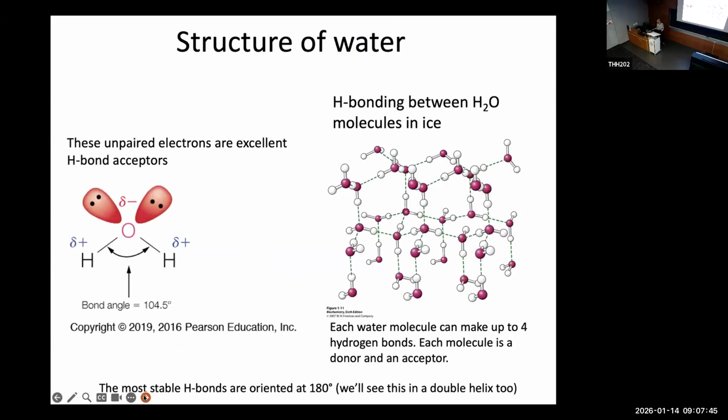Okay, so looking at water and how water as a molecule can be both a hydrogen bond donor and an acceptor. This is the structure of water. So we have oxygen, which is bound to two hydrogens, as you know, but then it also has two unpaired electrons here. So oxygen has a slight negative charge to it. It's electronegative, and it also has these unpaired electrons.